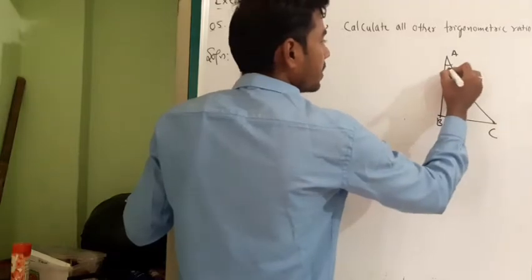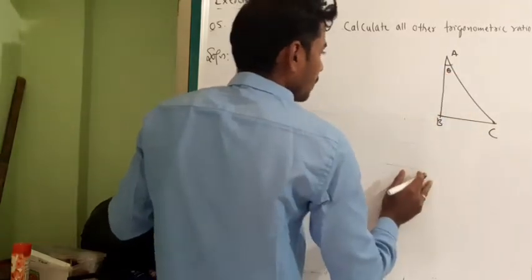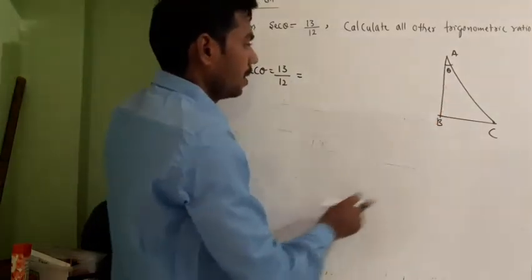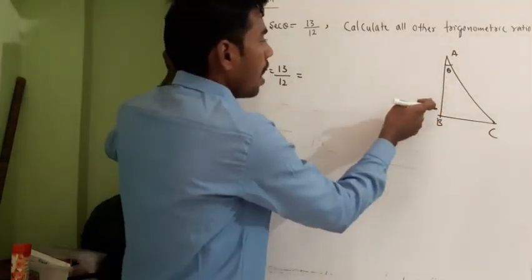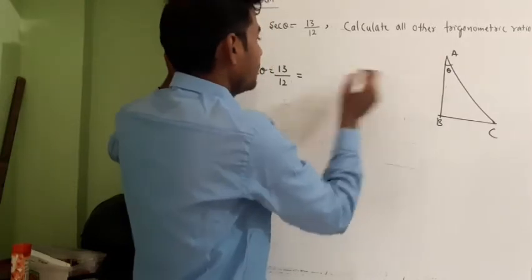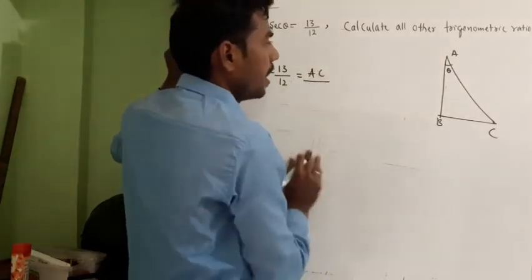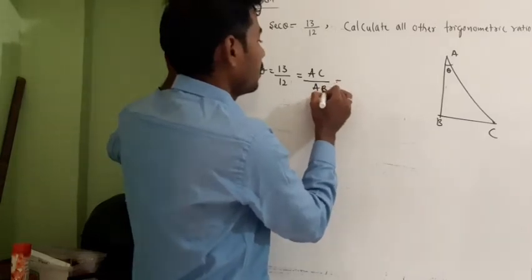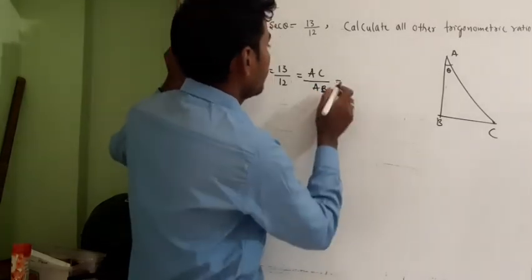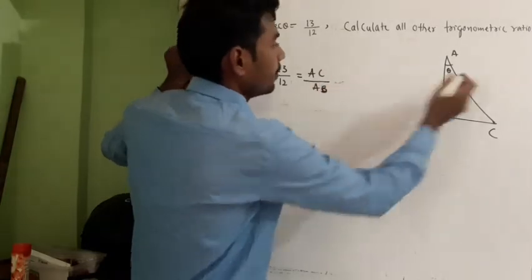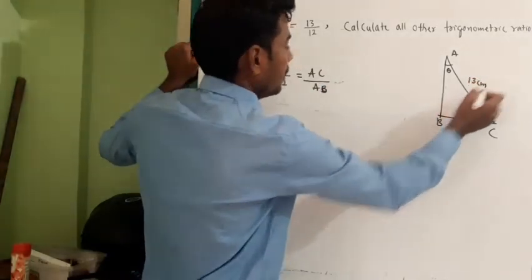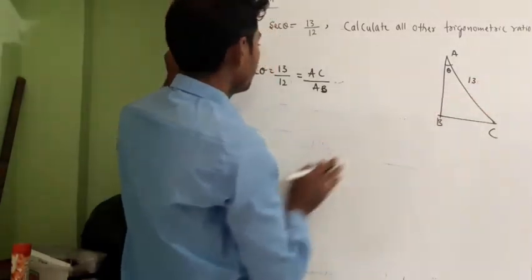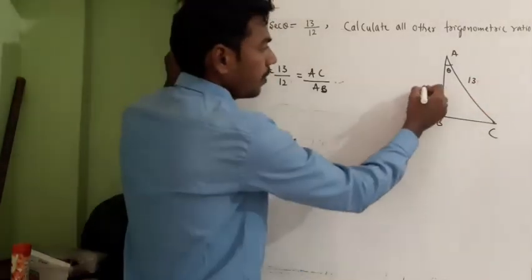If I define it as theta, so secant theta is nothing but, according to this, hypotenuse by adjacent, that is AC divided by AB. So what is AC? AC is 13 centimeter. What is AB? AB is 12.